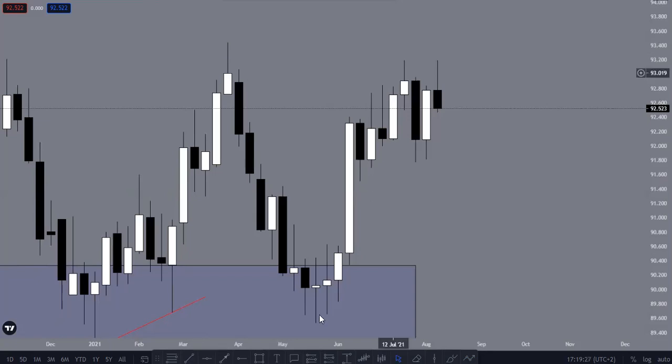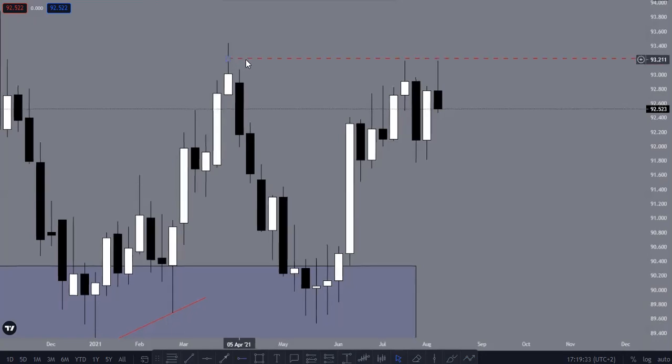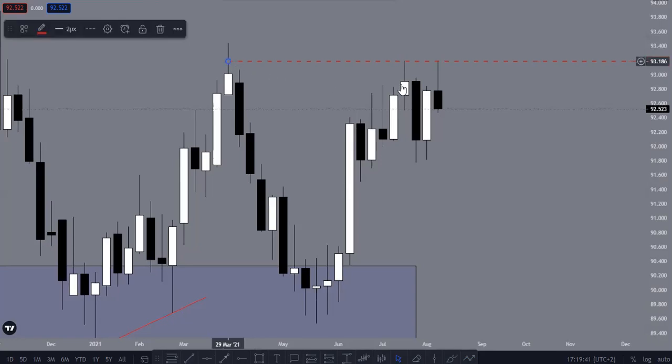No, price failed to hold above previous highs, and it came back into those highs and started finding rejection.